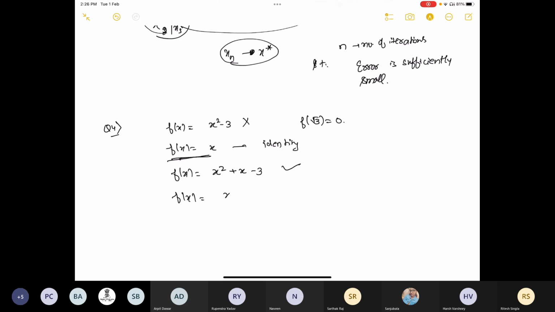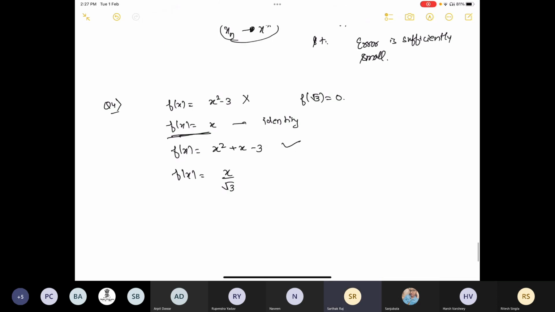What about f(x) equal to x squared upon root 3? Can this function work?